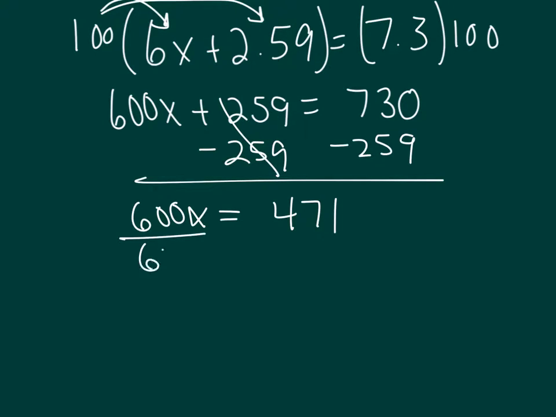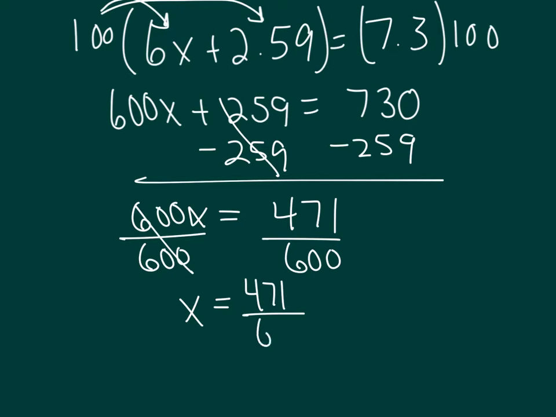Then we divide by 600, and we're left with x is equal to 471 over 600. And then when I look at this, I know that they can both be divided by 3, and I am left with 157 over 200 as my final answer.